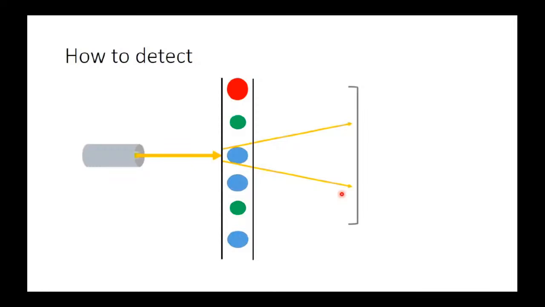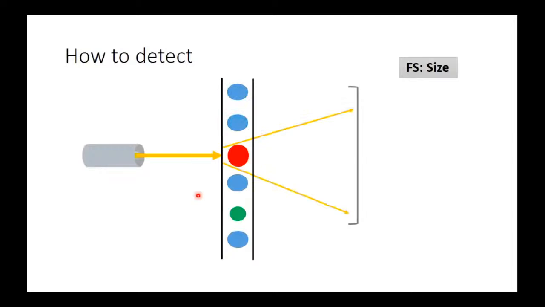This forward scattered light is directly proportional to the size of the cell. Why? Because each cell scatters a certain amount of light in the forward direction, but when the cell is bigger, the forward scattered light will be larger, or more forward scattered light will be detected.